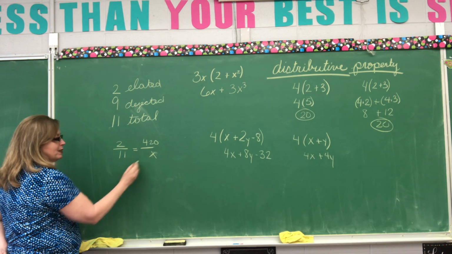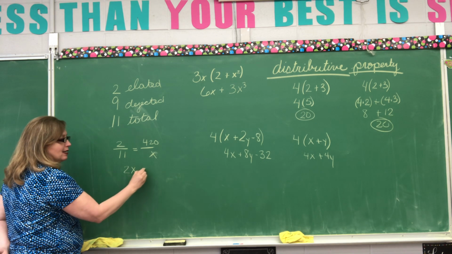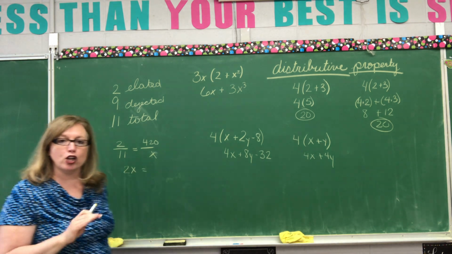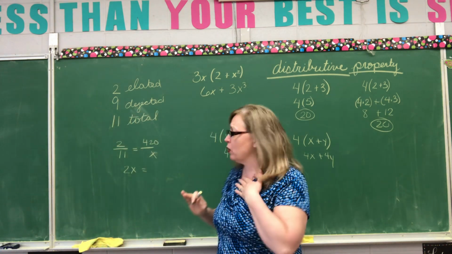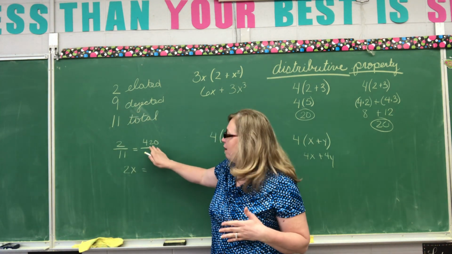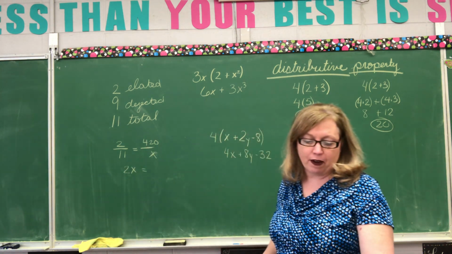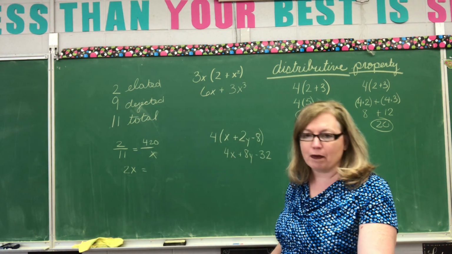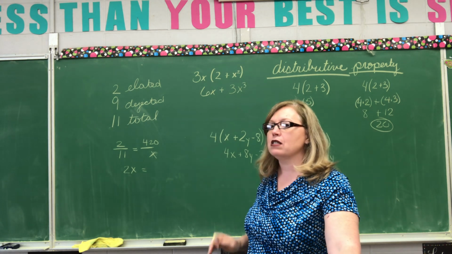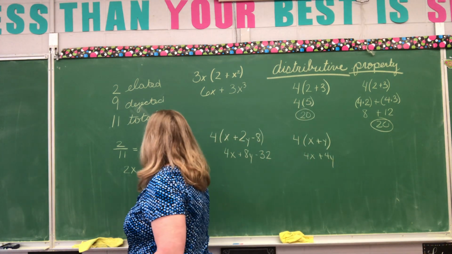So 2 times x is 2x. Now we're going to cross multiply. We're going to say 420 times 11. 420 times 11 is 4,620.